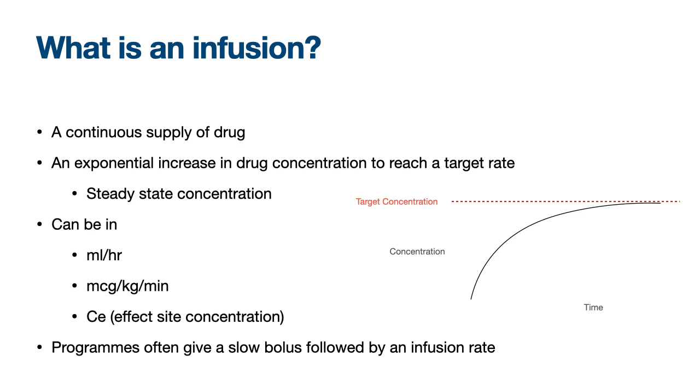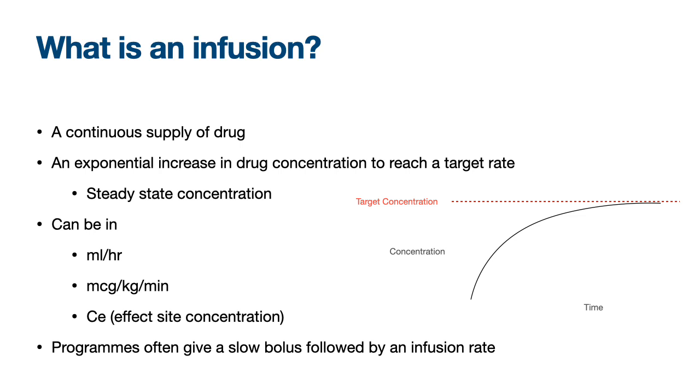We see that being used for things like propofol infusions or remifentanil infusions, where that's basically the target concentration that you see on that graph. It's important to say that these programmed infusions, propofol being a really good example, often start by giving a bolus, and they try to reach the target concentration as quickly as possible so that you can then keep the patient at a steady state.